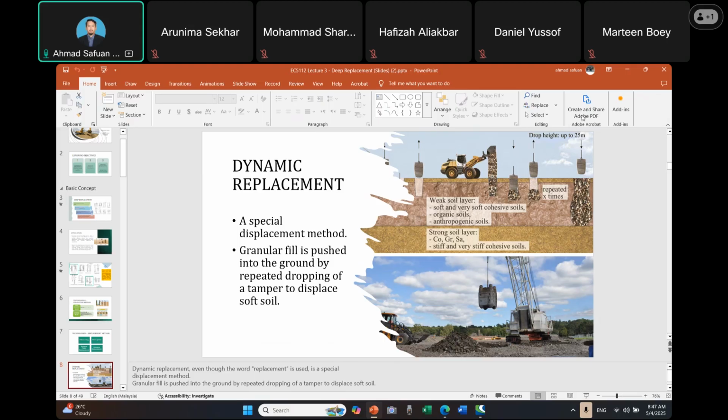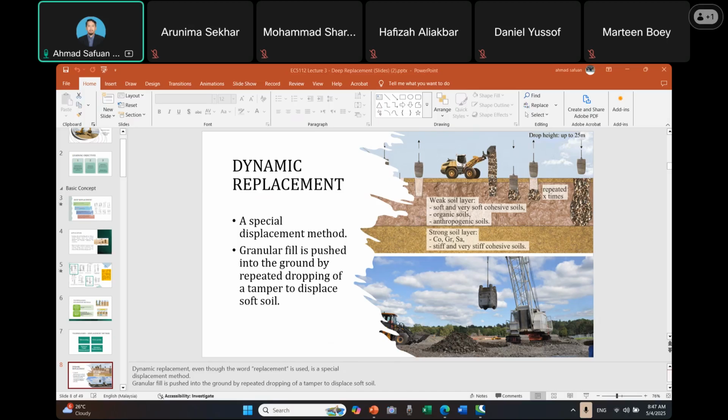Then use a dynamic replacement approach, using what we call a dead weight, with a certain height of up to 25 meters, and they release the dead weight.